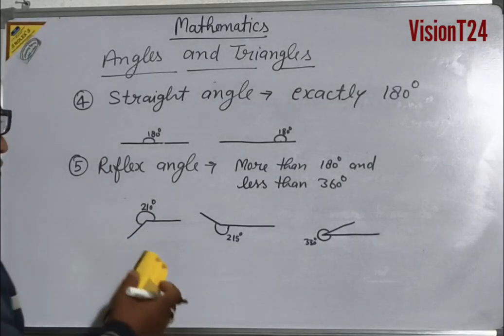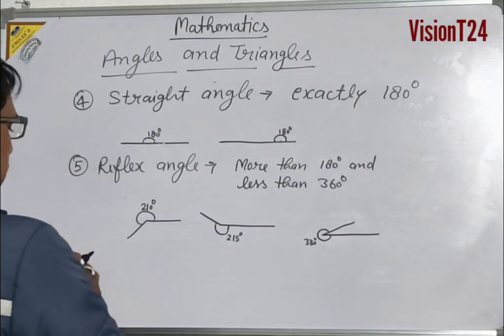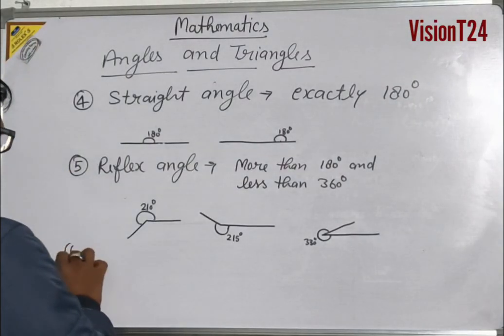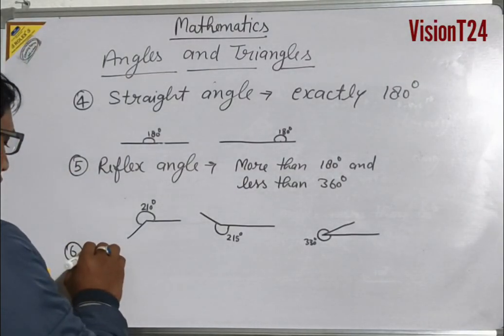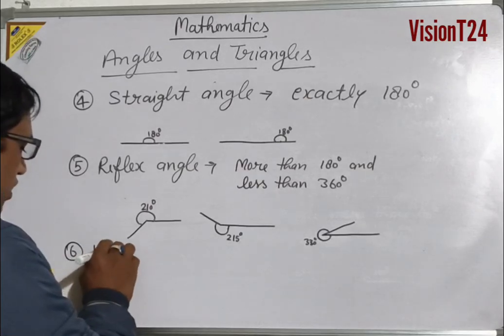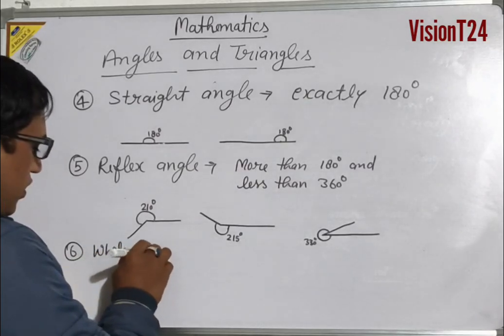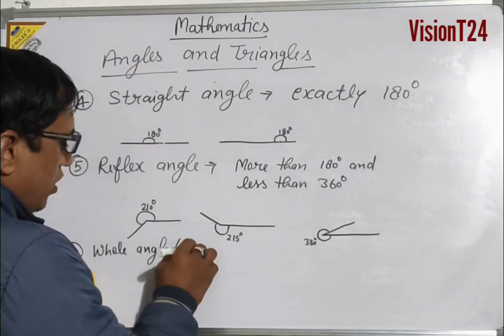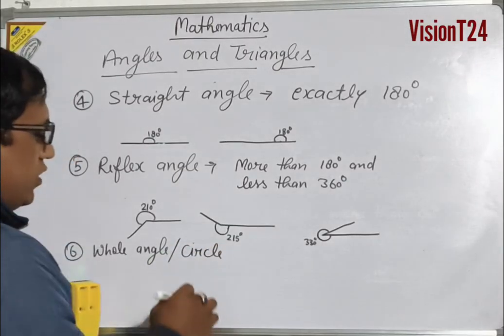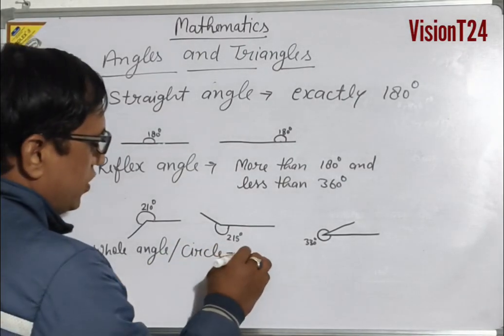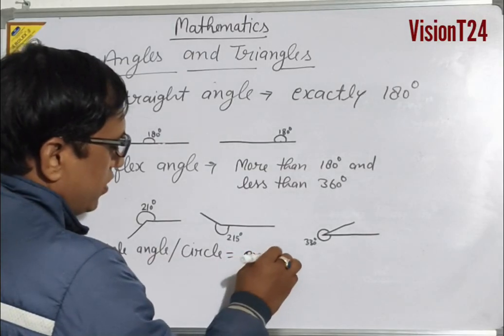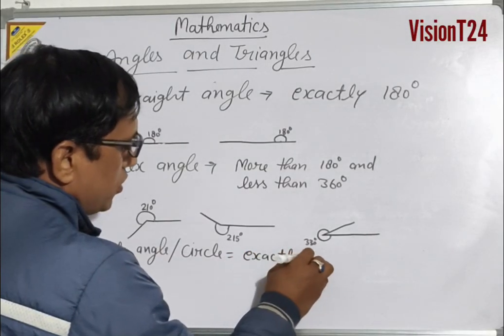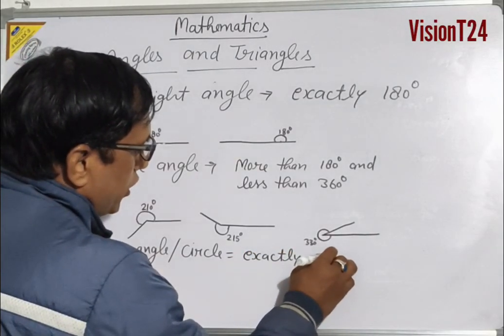And the last type of angle, the sixth one, will be called whole angle. That is called circle. And this angle is exactly how much? 360 degree.